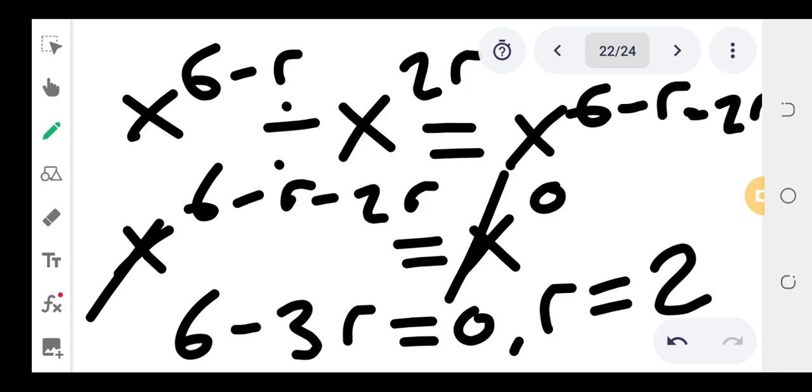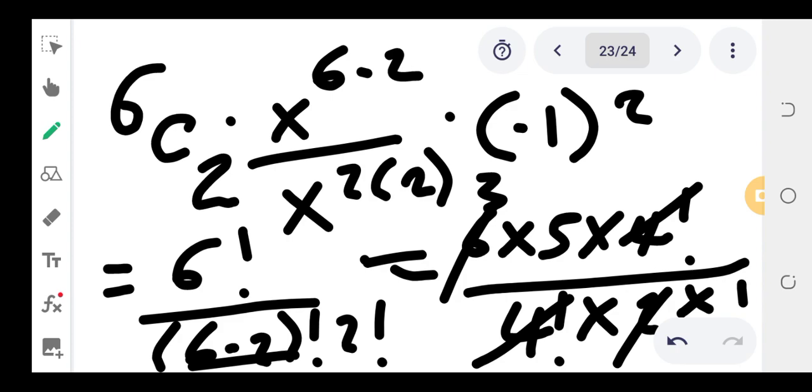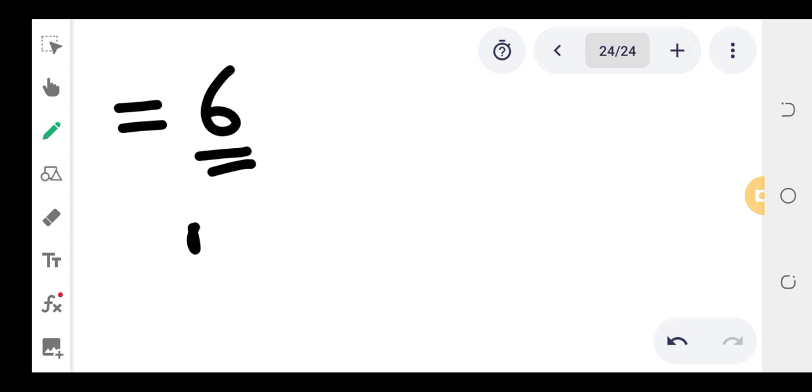In short, when you want to get the term, it is r plus 1. So when you have got the value of r equal to 4, just know that it is the fifth term. When you have got the value of r equal to 5, just know that you are talking about the sixth term.